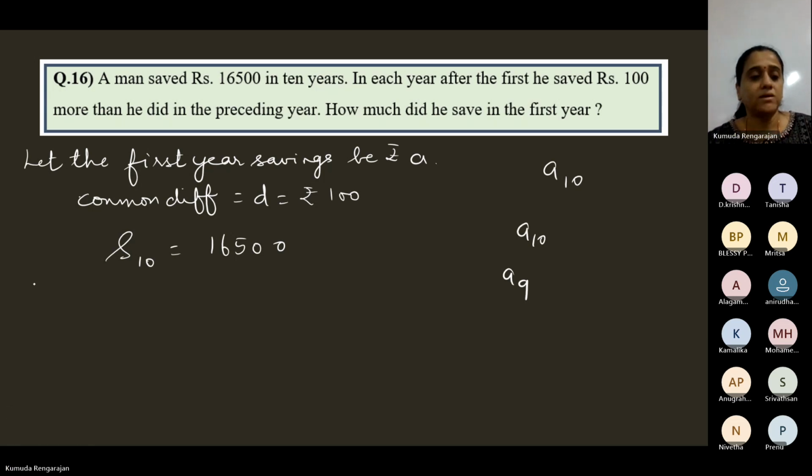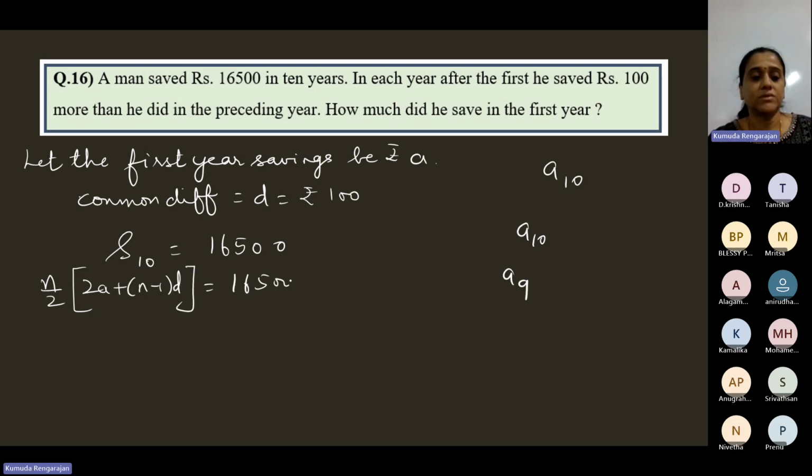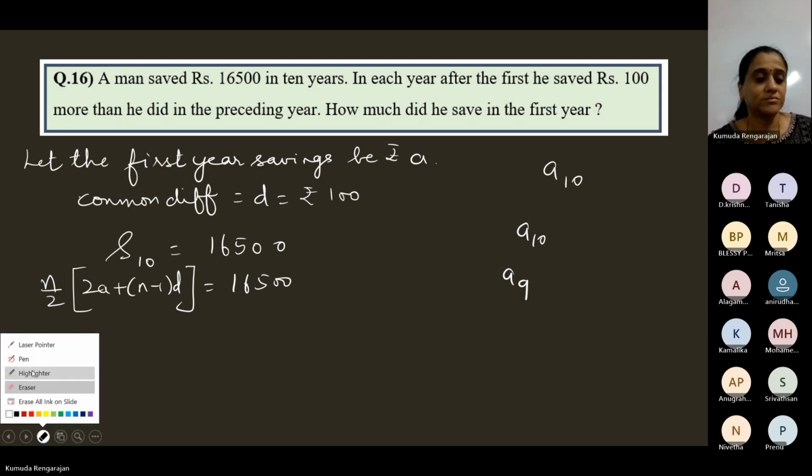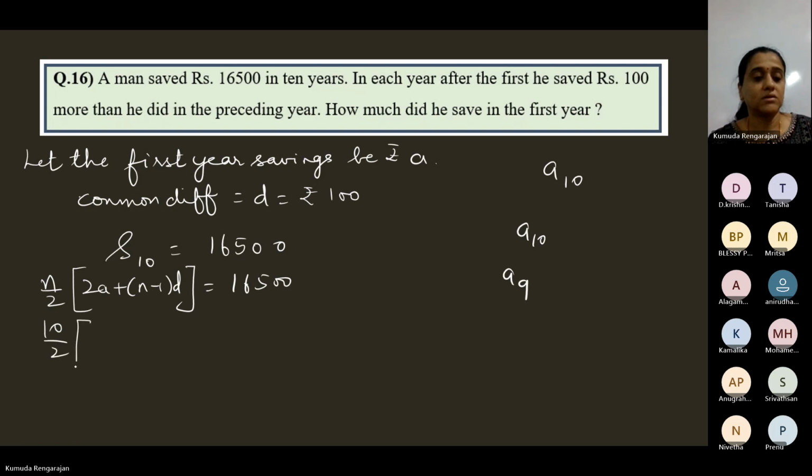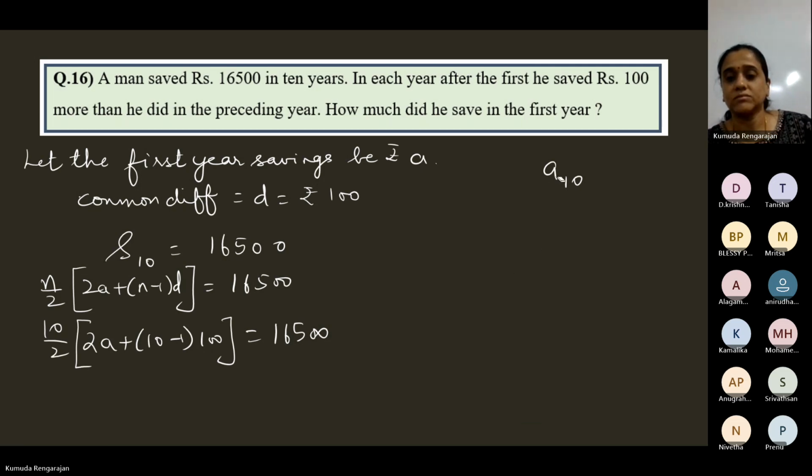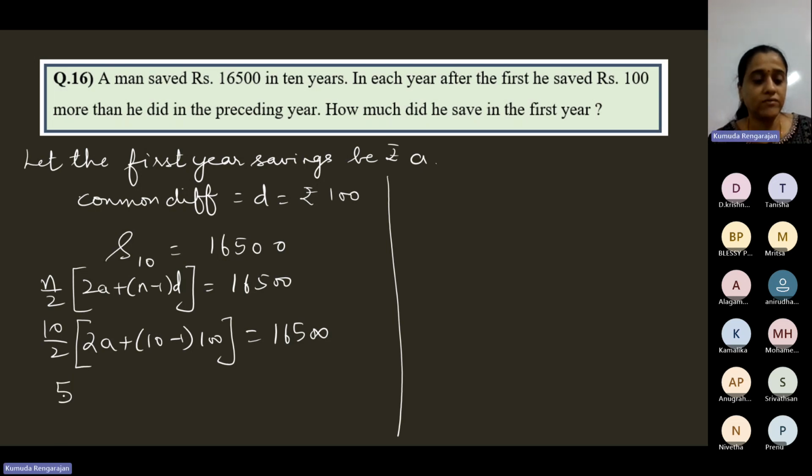It's S10. So n by 2 of 2a plus n minus 1 into d is equal to 16,500. N we do not know. Oh, sorry, n is 10. A we do not know, plus 10 minus 1 into d, which is 100, is equal to 16,500. So 5 into 2a plus 10 minus 1 is 9 into 100 is 900 is equal to 16,500.